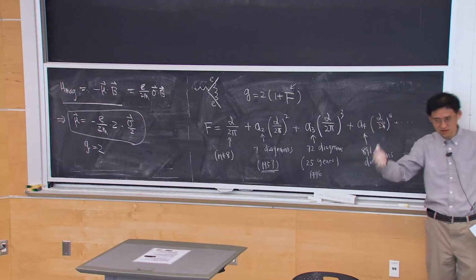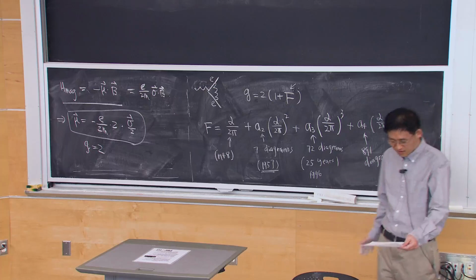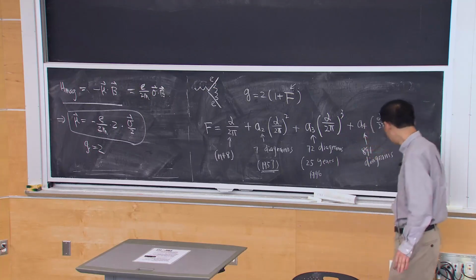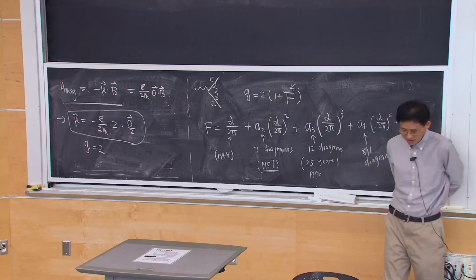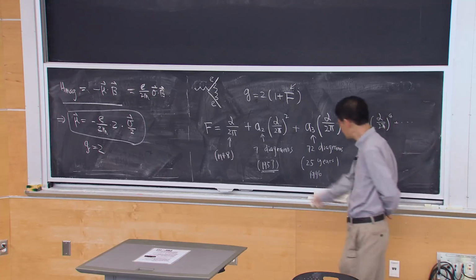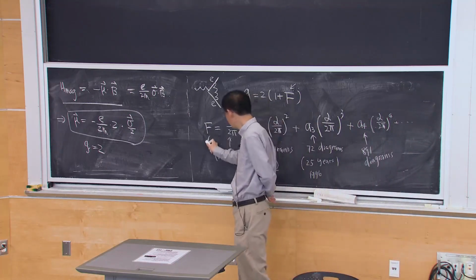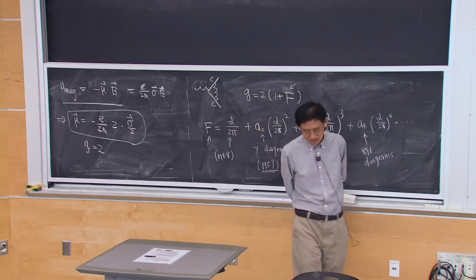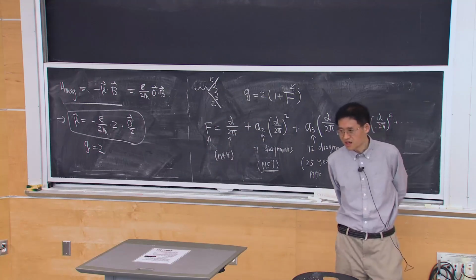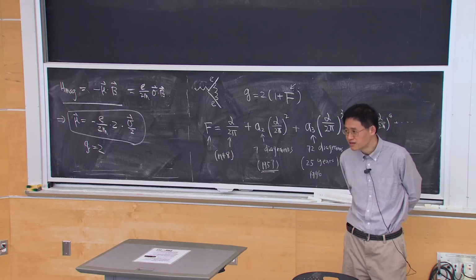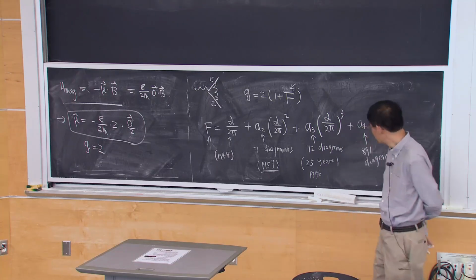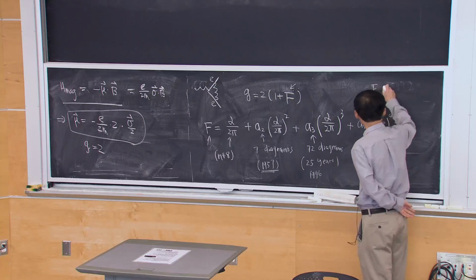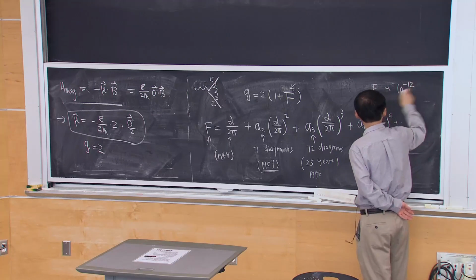Weak interactions, etc. The reason you want to calculate such a number to very high accuracy is because this f can be measured to very, very high accuracy experimentally. Actually, this is one of the most accurately measured numbers in physics. They can measure this f to order 10 to the minus 12.